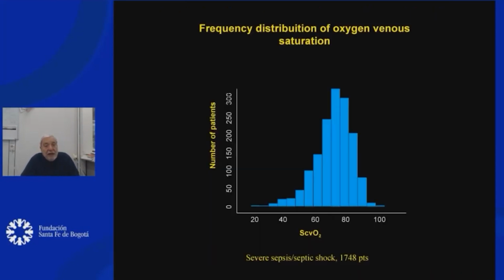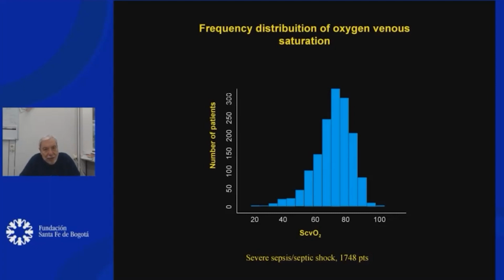And what about the oxygen saturation? These are, if I recall right, about 1,700 patients with sepsis. Now, the usual normal values in sepsis are around here, about 70, 75. And you see that only about 35% of the patients have an oxygen saturation lower than 60.